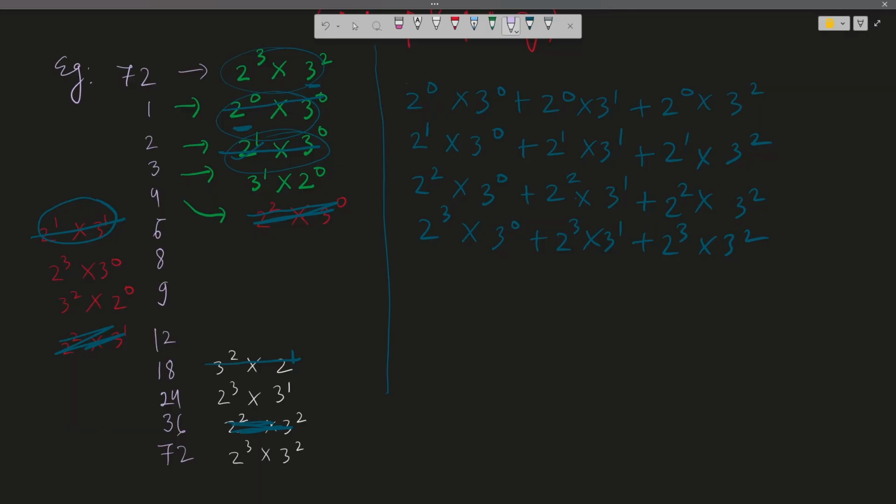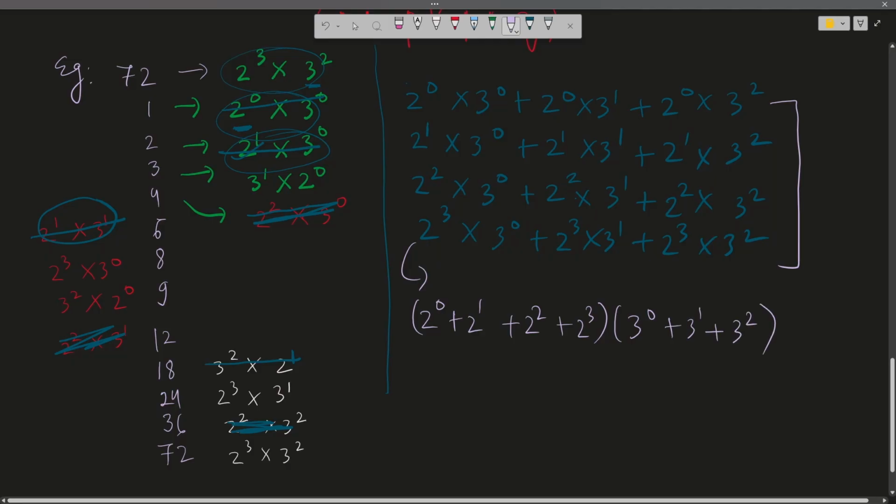Now, after what we have written here, we can write this in the form as 2 to the power 0 plus 2 to the power 1 plus 2 to the power 2 plus 2 to the power 3, into 3 to the power 0 plus 3 to the power 1 plus 3 to the power 2.